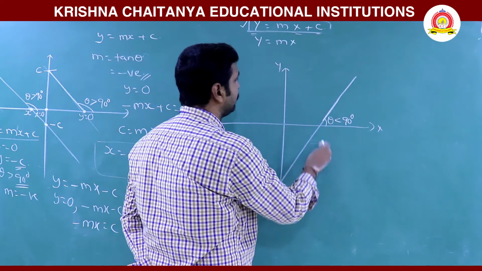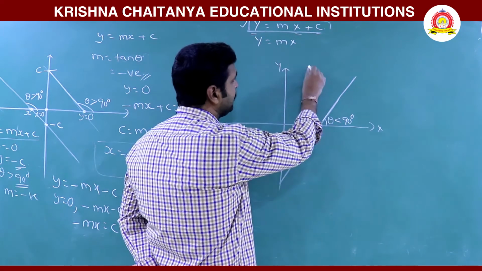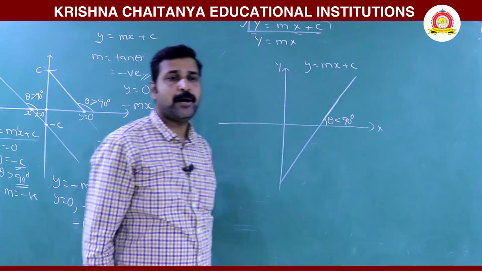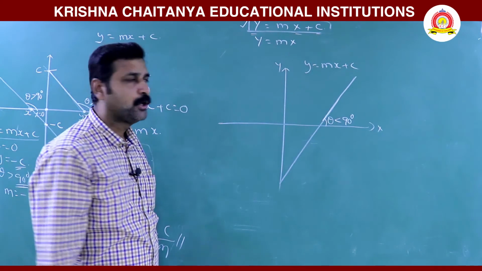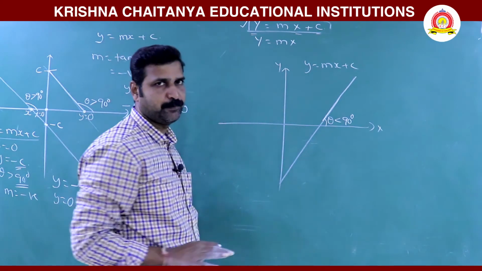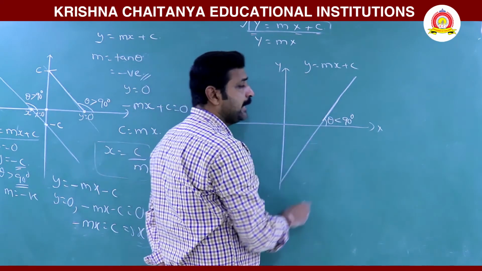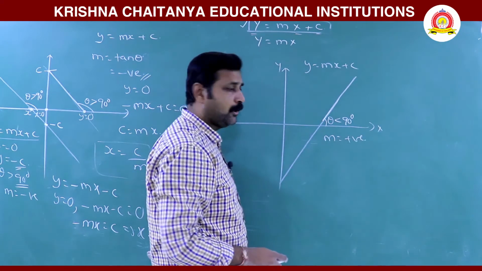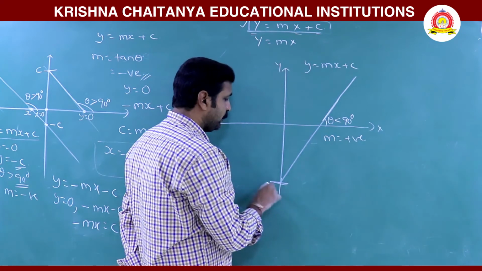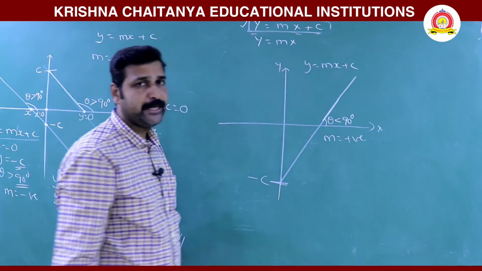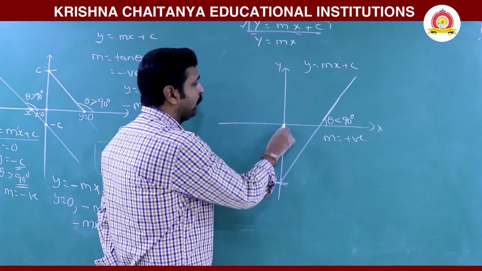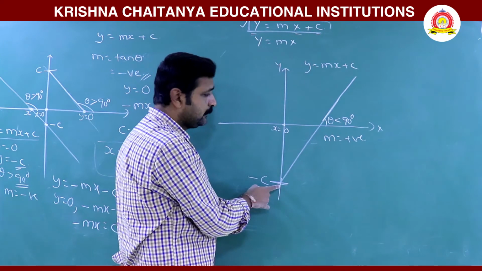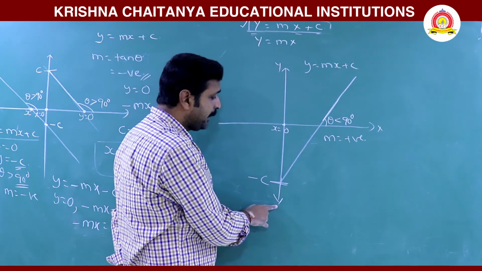For all straight lines which are not passing through the origin, you can take y is equal to mx plus c. Since theta is less than 90, the slope is positive. Here the y-intercept is negative, because when x is equal to 0, you have the y-intercept on the negative y-axis.